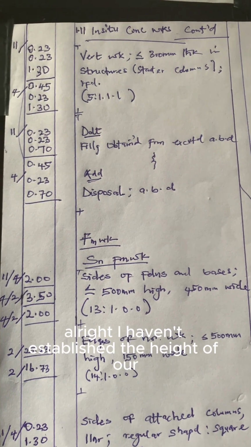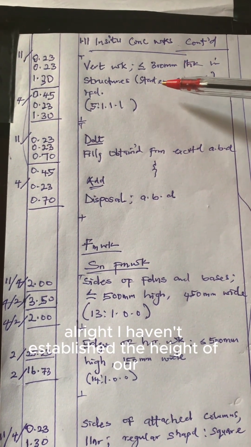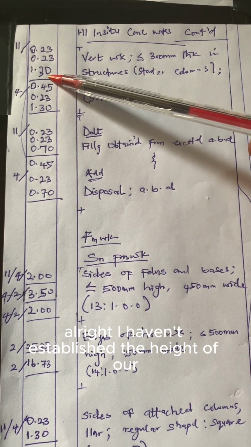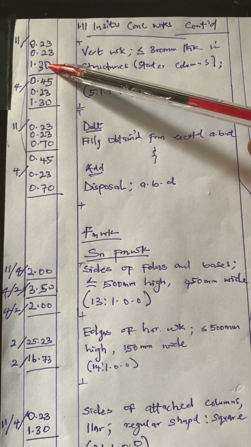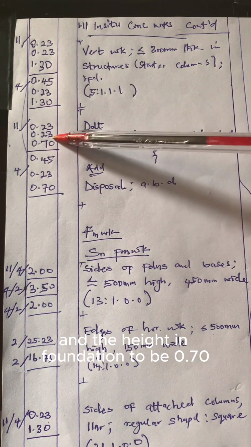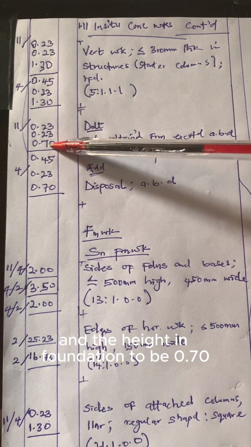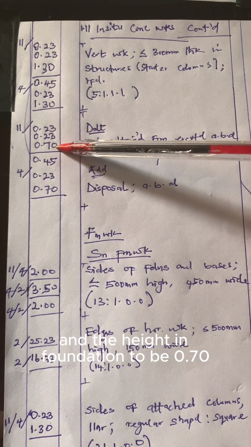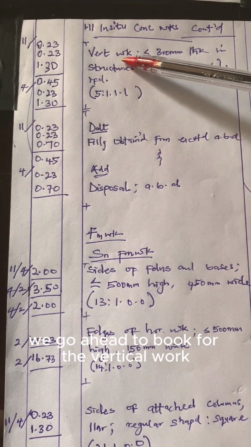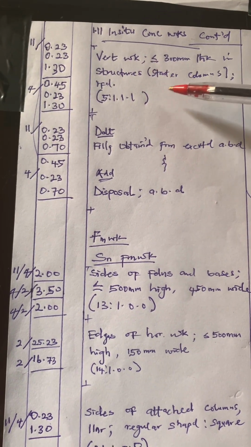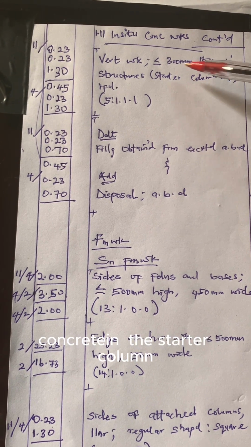All right, having established the height of our column starter to be 1.3 and the height in foundation to be 0.70, we go ahead to book for the vertical work concrete in the starter column.